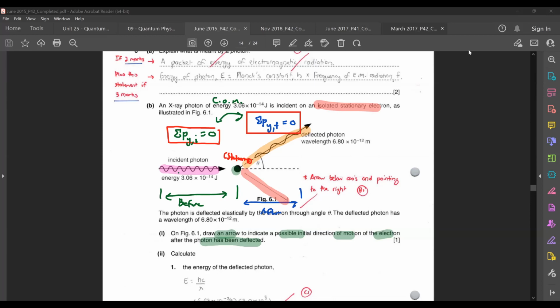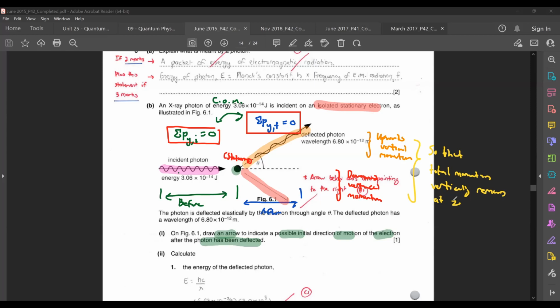So right now, if you just look at your photon, you have an upwards vertical momentum. It follows that your electron must have downward vertical momentum so that total momentum vertically remains at zero.